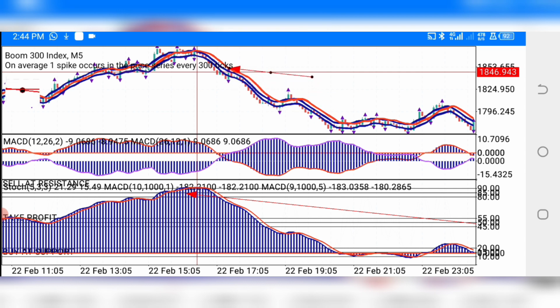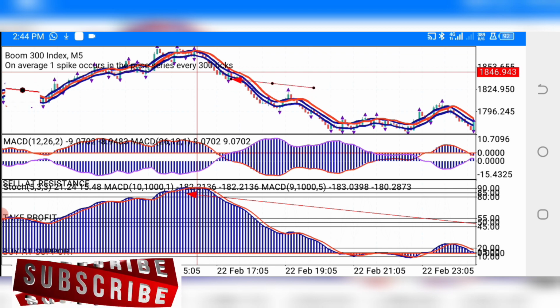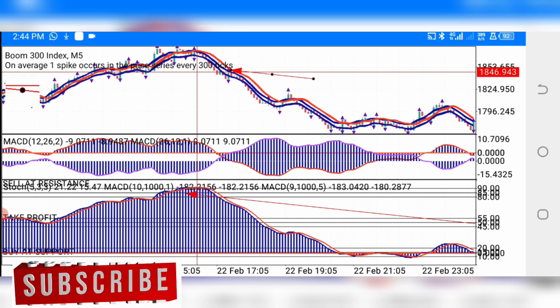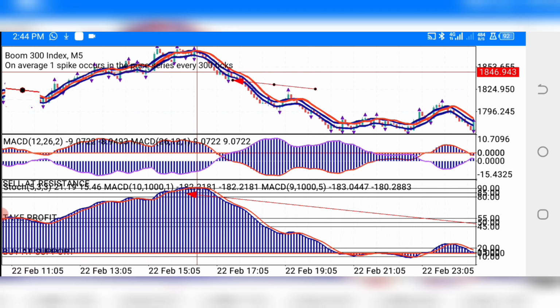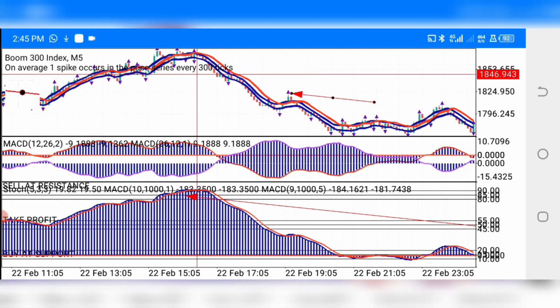Once you see a step down spike, like the spike you're seeing now, which tested the horizontal line and starts going down, it shows that the market is in a bearish trend. So that's how Signal Machine Plus Scalping Pro works.